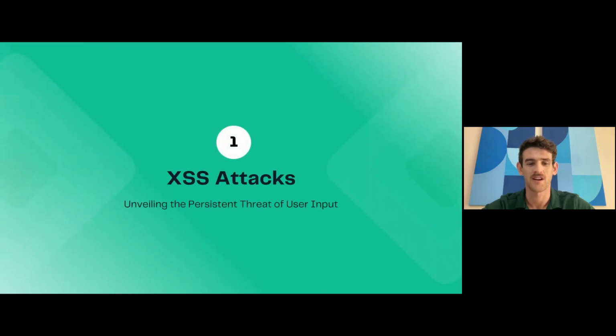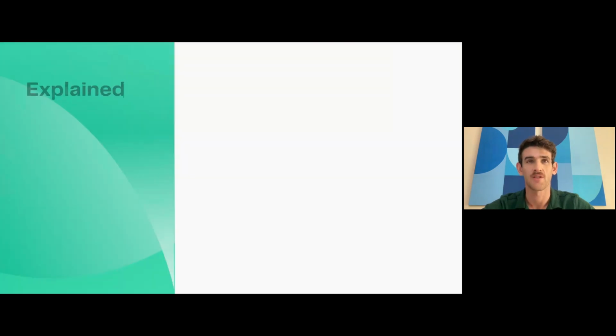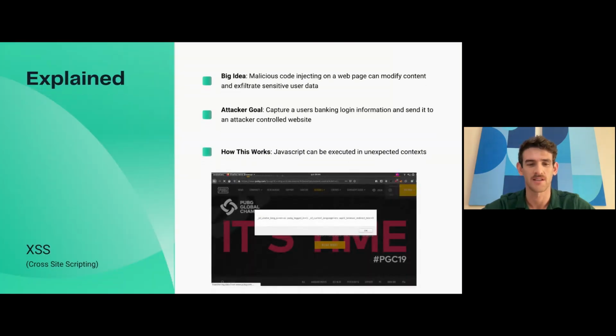So the first topic we're going to cover today is cross-site scripting attacks. For those of you who are a little bit less familiar with a cross-site scripting attack, it can be as simple as just displaying an alert on a client browser's web page. The big idea here is that malicious code can be executed and steal sensitive user data and send it to your attacker server at evil.com.